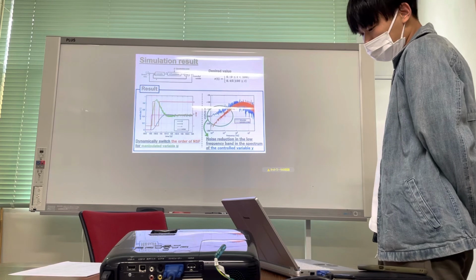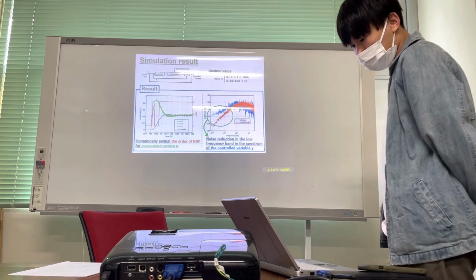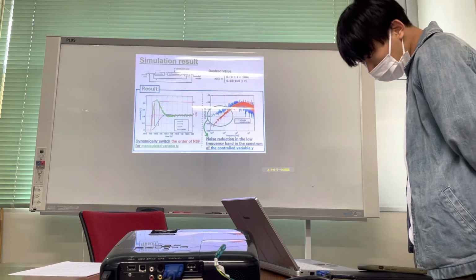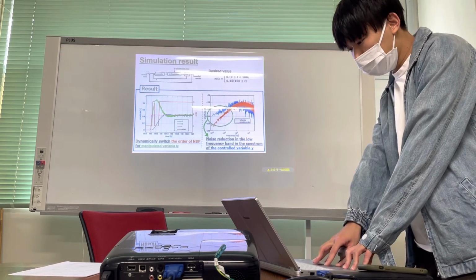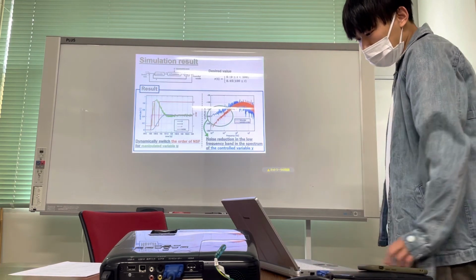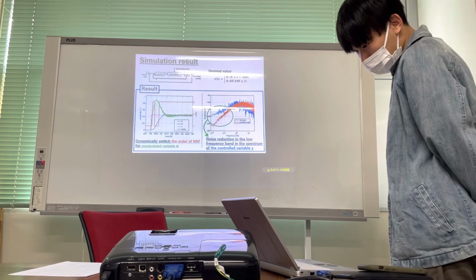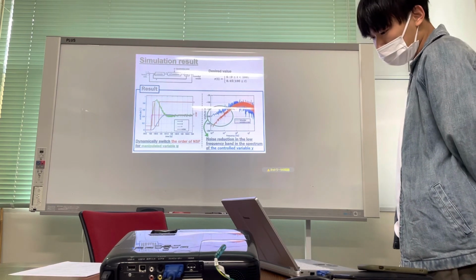This graph shows the power spectrum after the controlled value converges to the desired value. The proposed control method reduces noise in the low frequency band, confirming high noise reduction performance.